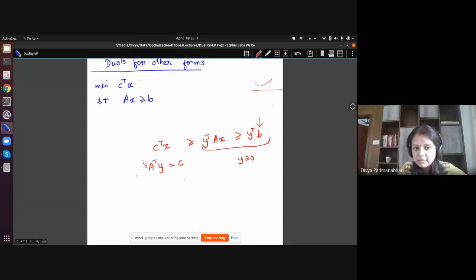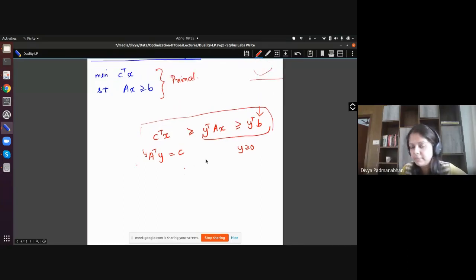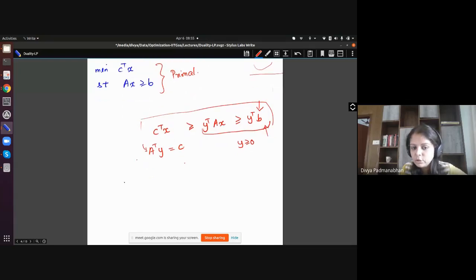Okay, so this is the primal that I'm considering. Maybe let me just tell you. By the same logic that we had earlier, this is the kind of relation we want to hold. If you want this to hold and you want the best lower bound, then you maximize this value, because this is the lower bound.